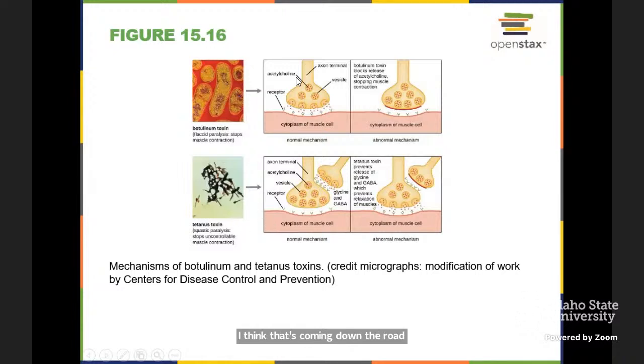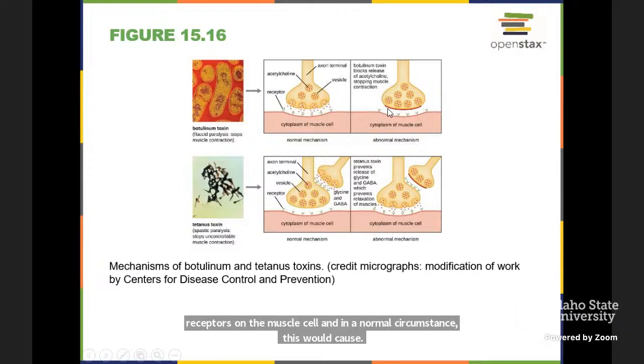Different, all right? So you could see in both the first frames of both normal situations, all right? So we've got our muscle cell, we've got our nerve, we're releasing acetylcholine, making contact with the receptors on the muscle cell, and in a normal circumstance, this would cause contraction.